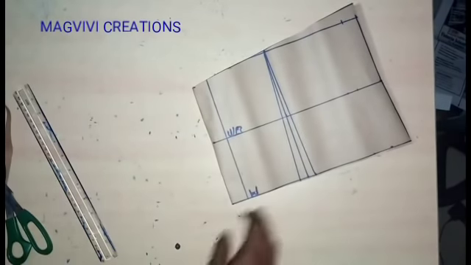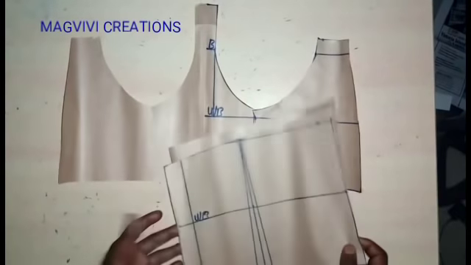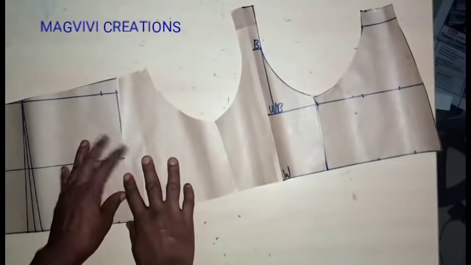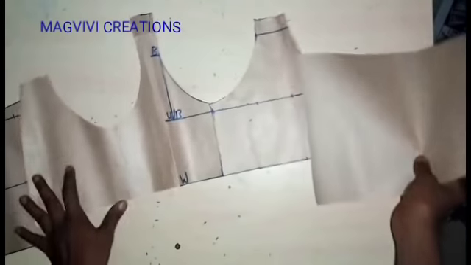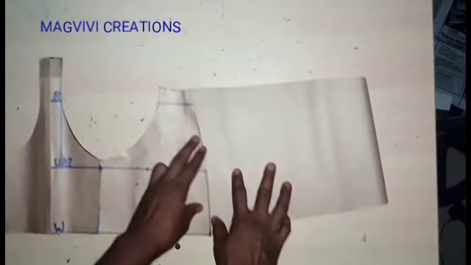So now let's place it with the front and see what we have there. Okay, so remember that this is the center back where we have the zipper. So this is the side. Okay, so it's going this way like this and like this. So it's going like this, you can see. Okay, so you can see the way.